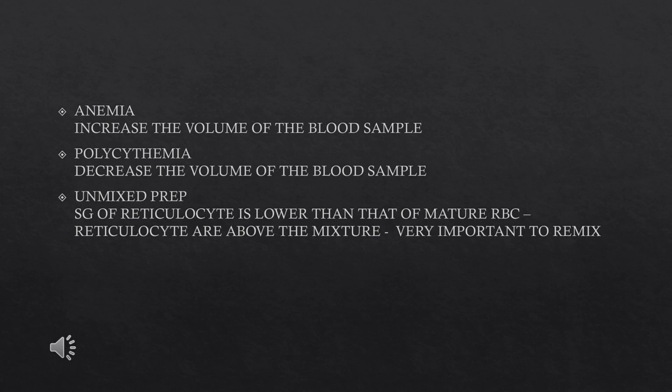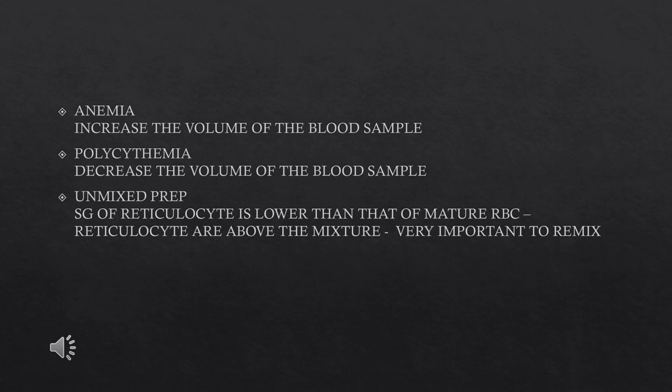For the unmixed preparation, the reason is that the specific gravity of the reticulocyte is lower than that of the mature red blood cell. So your reticulocytes are above the mixture.